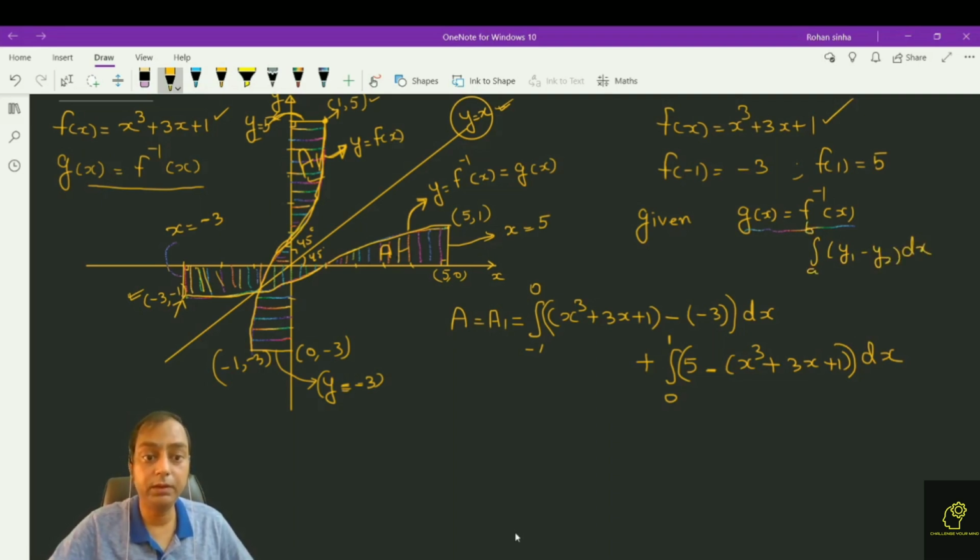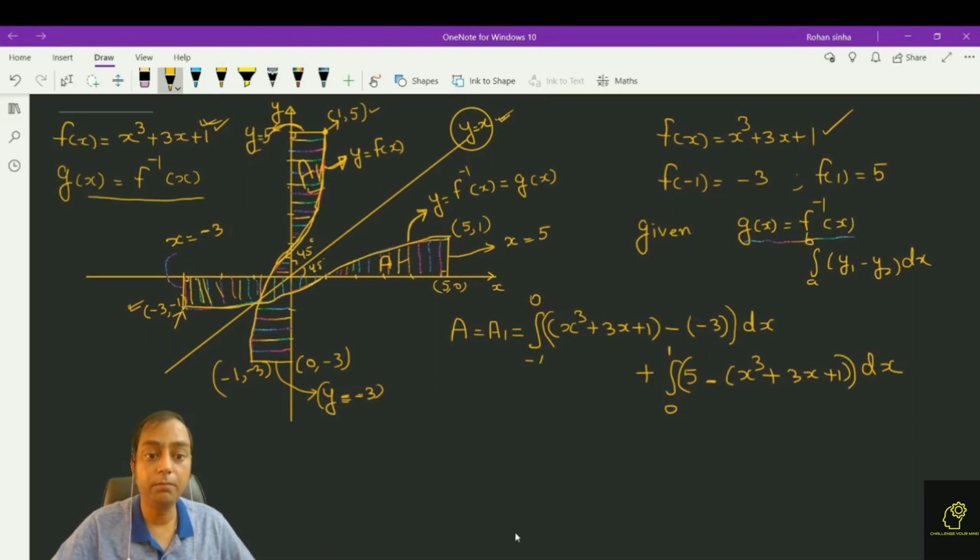So this curve is y = x^3 + 3x + 1, and this is y = -3. So from -1 to 0, this coordinate is (-1, -3); if you draw a perpendicular here, this is (-1, 0).